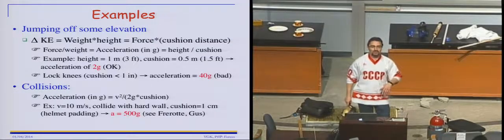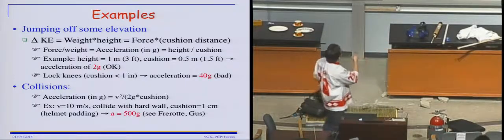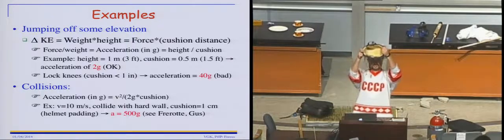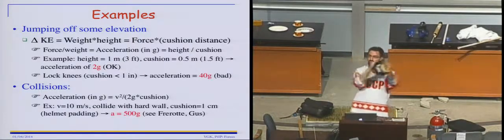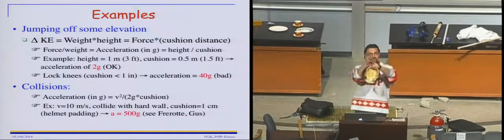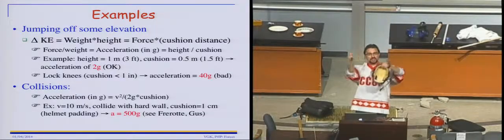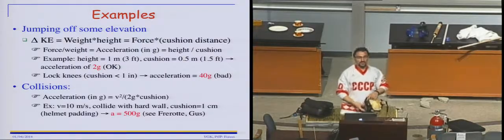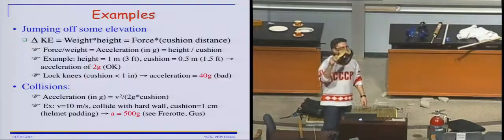So if you hit the wall with your head directly, the amount of cushioning distance is millimeters, the acceleration is large. Helmets are at least supposed to be elastic. They're supposed to squish. The padding on the inside is supposed to either break or squish, reducing the amount of force by increasing the amount of distance over which the force acts on you. But that cushioning isn't that thick.